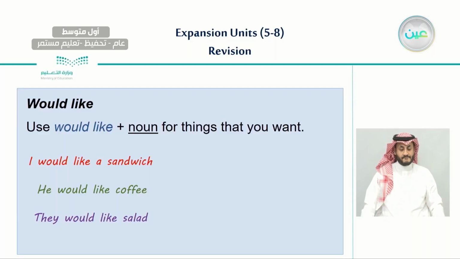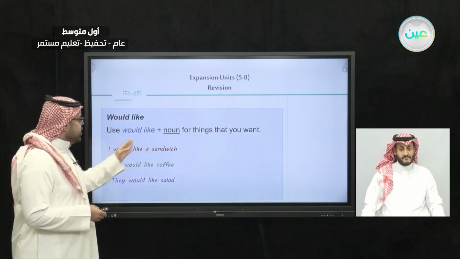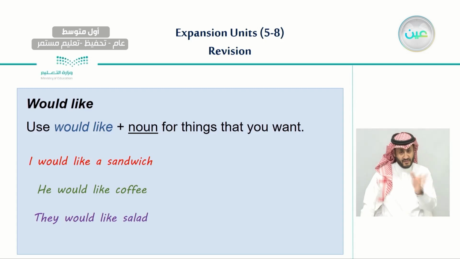And here we have two kinds of using the verb would like. The first one is if we use would like with a noun, and that is only for things or for nouns that we use it to talk about. For example, I would like a sandwich. So here, after would like, we have used a noun, not a verb. He would like coffee.